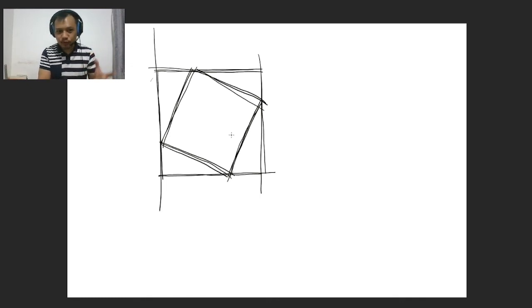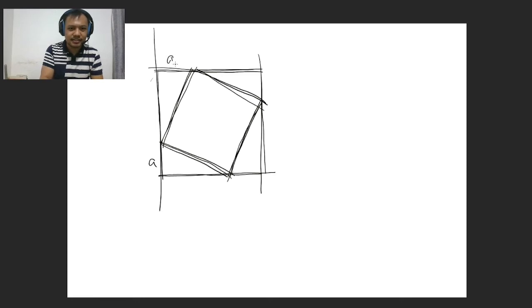And since they're both squares, each right triangle formed from these two squares is the same size due to the theory of identical triangles. So that means that this length is the same as this length, and that length is the same as that length. To make it more clear, we're going to label these lengths as length A.